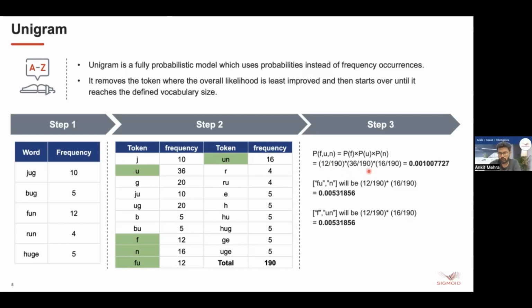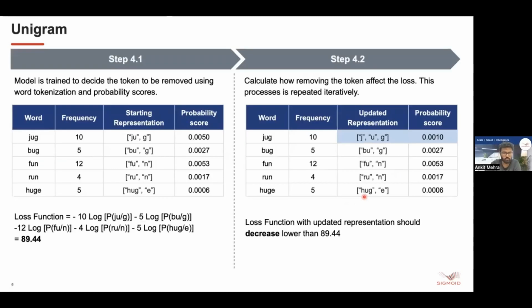After getting the probability scores, for some representations we can encounter the same probability value. In that case, we pick the one which is encountered first by the model. After getting the probability scores, we choose our starting representation based on the best probability scores.